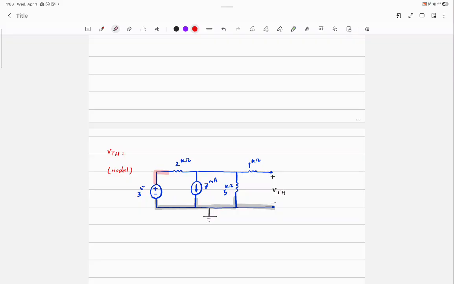So 1 here, 1 here, did I mess up? I shouldn't have done that, right?